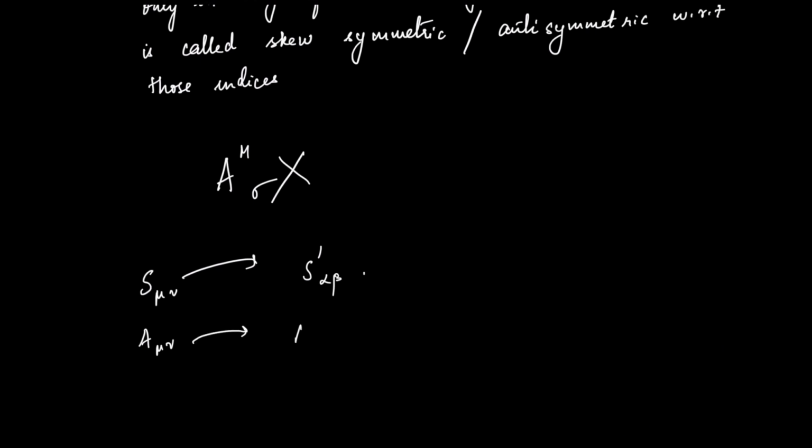This can be A prime alpha beta, right? So in another coordinate system, you can see that S prime will be symmetric and A prime will remain antisymmetric respectively in all other systems of coordinates. Okay, that is a property of tensor. The symmetry or antisymmetry properties of tensors are preserved under coordinate transformation.